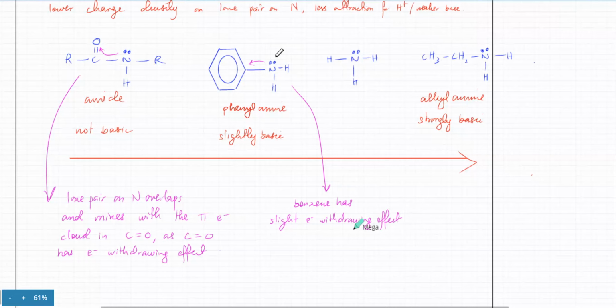And the lone pairs overlap with benzene's pi electron cloud, which decreases charge density on the lone pair, and there's going to be less attraction for H+1.